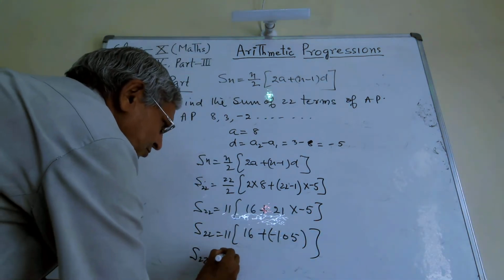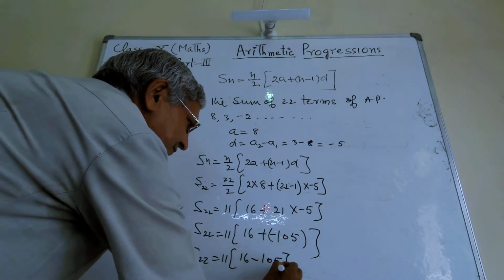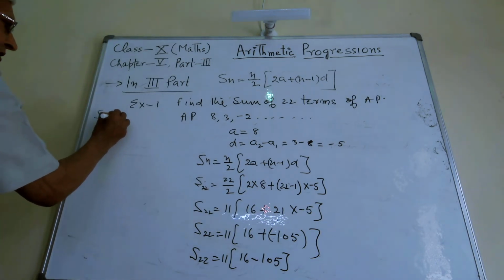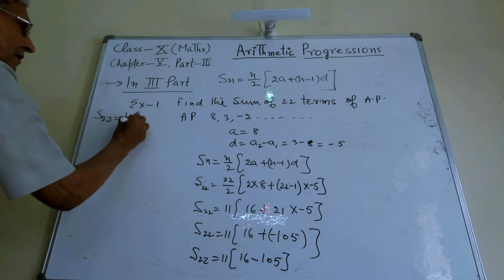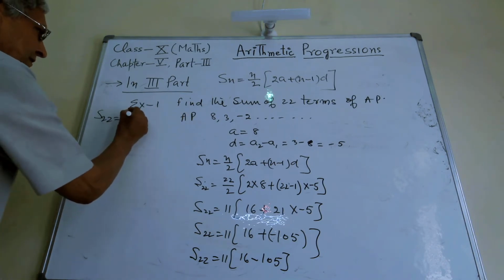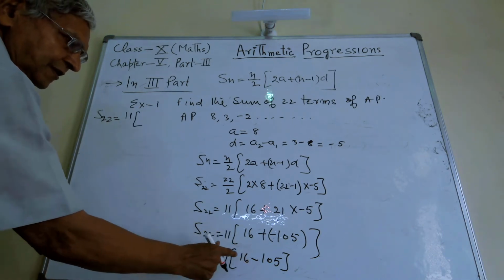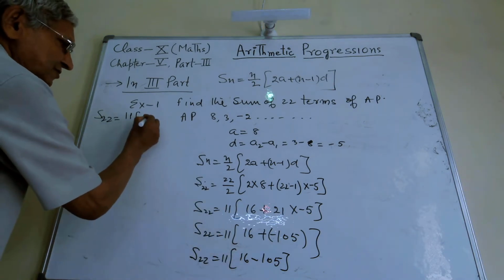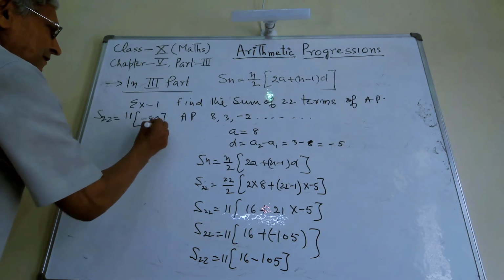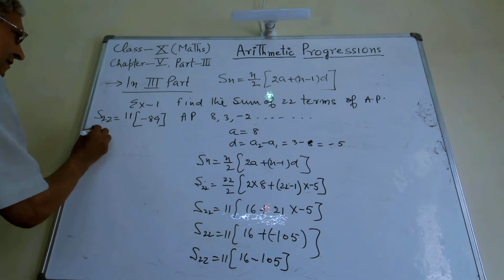So S22 is equal to 11 times (16 minus 105), which is 11 times minus 89.